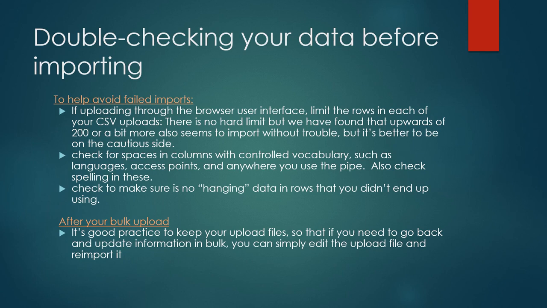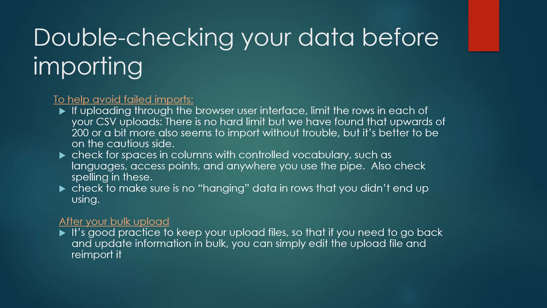Double checking. Once you have filled in the columns that you need to fill in, and the other columns that you'd like to fill in, you can double check your data before importing. To help avoid failed imports, it's ideal if you can limit the rows in each of your CSV uploads.